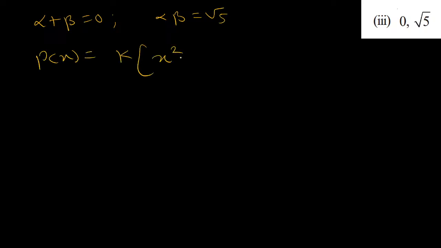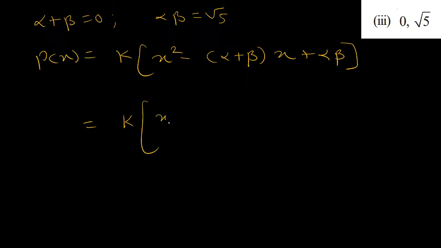Now in this case, again the same thing. We are given alpha plus beta is equal to 0 and alpha beta is equal to root 5. Write down the form, k times x square minus (alpha plus beta) x plus alpha beta. We put the values: x square minus 0 times x plus root 5.